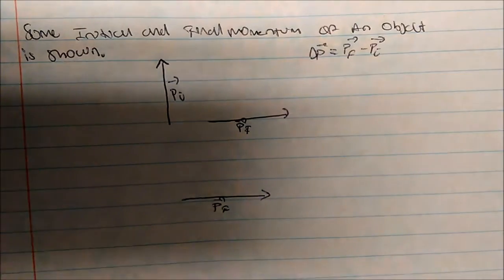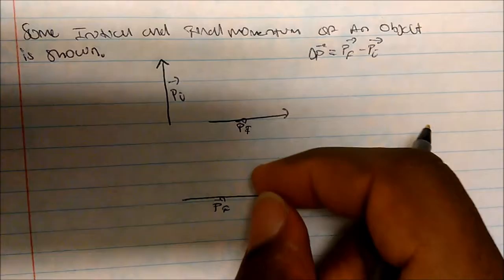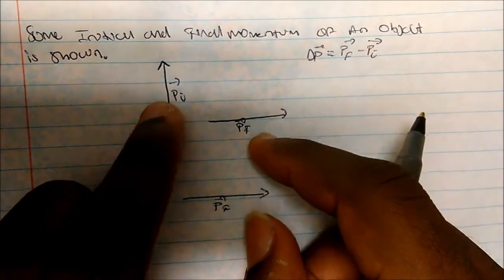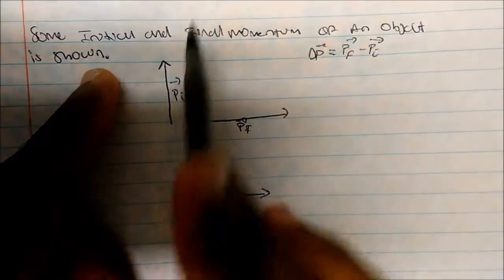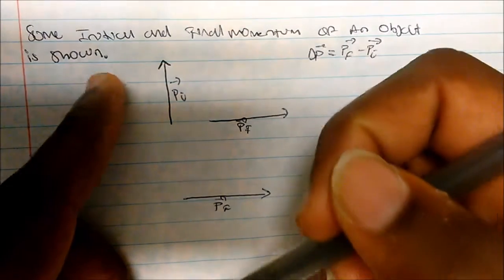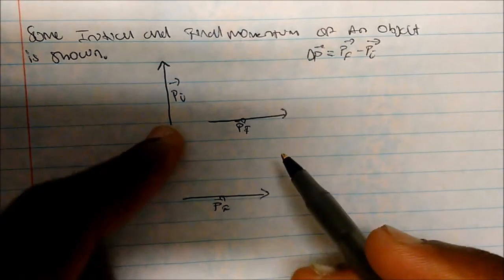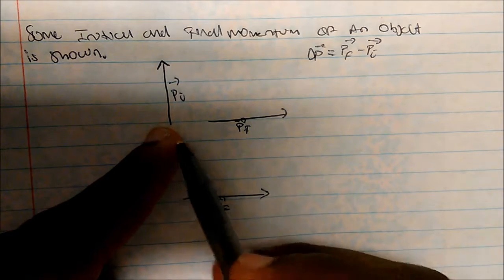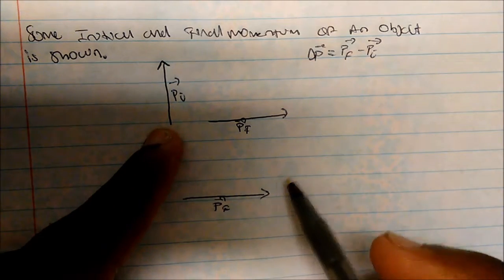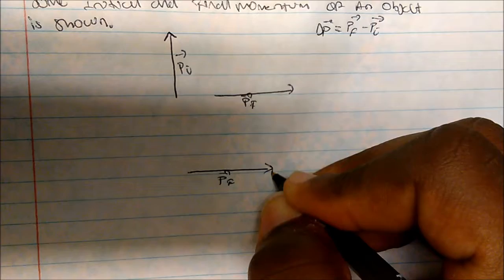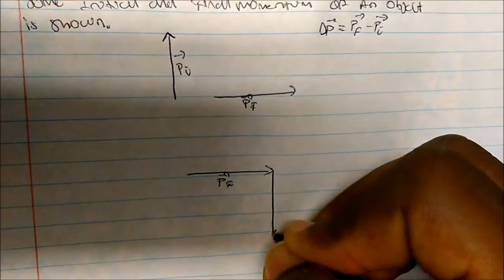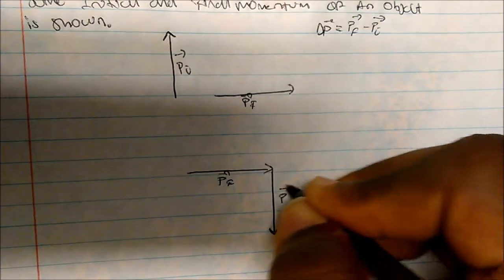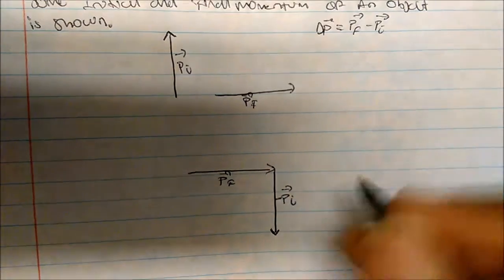P final minus P initial. Remember we said that we could take P initial, take the opposite of it. So it's going in this direction is positive. If it's in the opposite direction, it's negative. So that would be minus P initial, and we just stick the tail at the tip of P final. So taking a negative direction of P initial, this would be negative P initial.